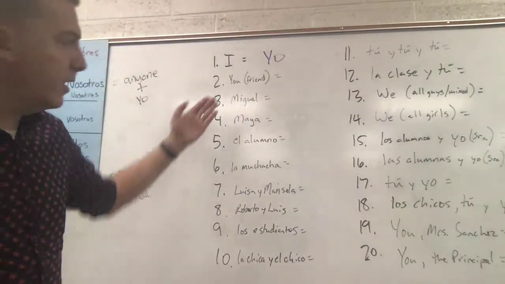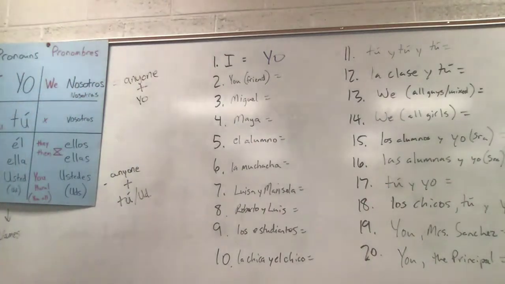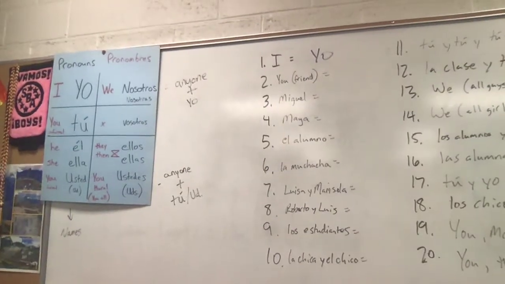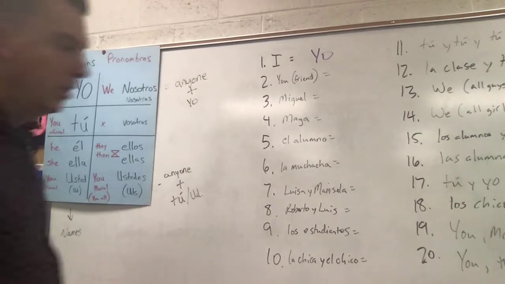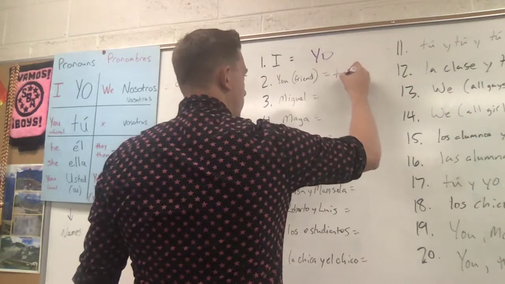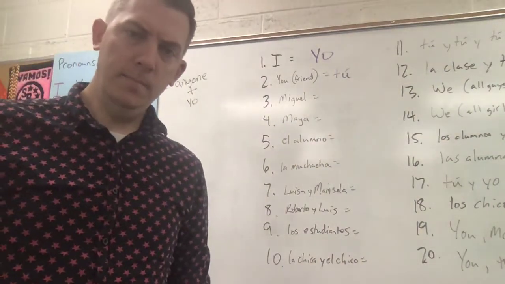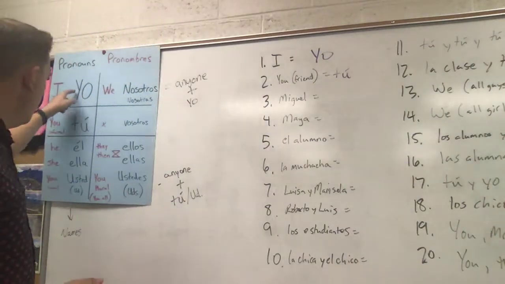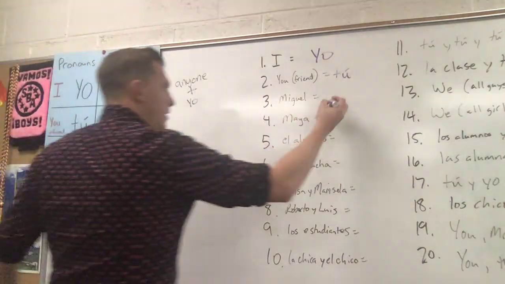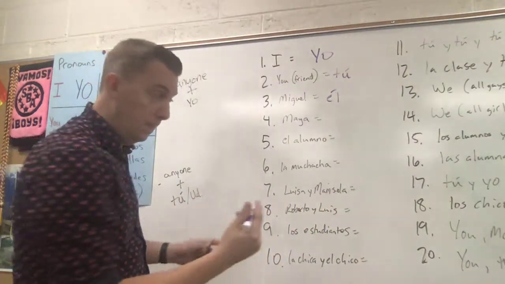So if we're talking you and it's your friend, we are going to use which of the pronouns? If we pull our poster into view, we would see, okay, friends, we want to use tú. Tú. How about Miguel? Okay, that's not I or you. Okay, it's he. Miguel would be he. Maya, the opposite.